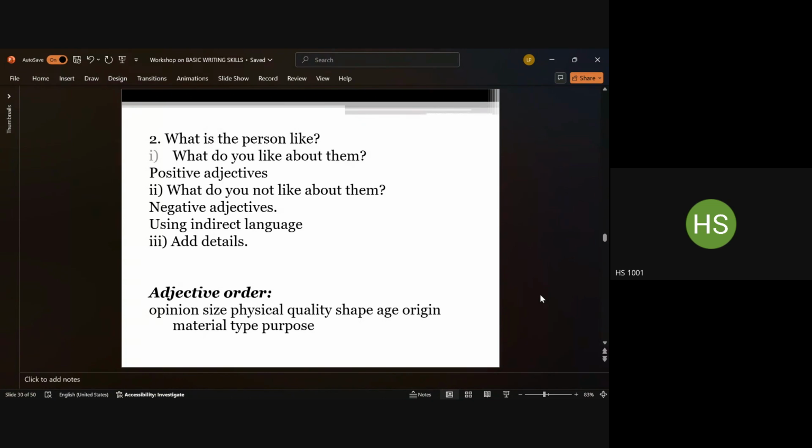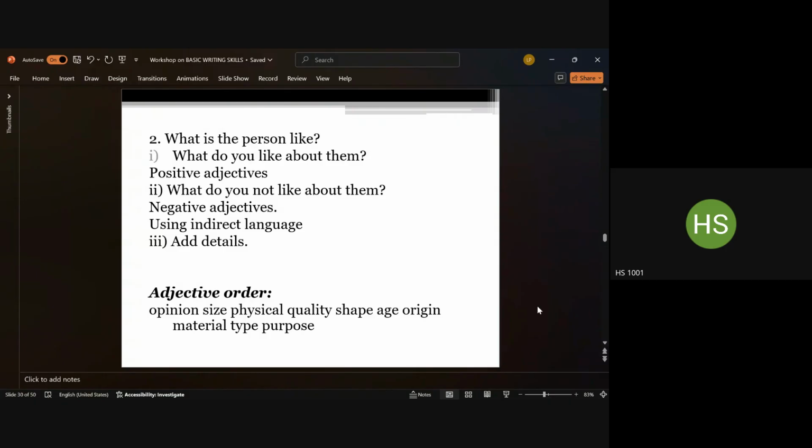So first in the adjective order comes the opinion adjectives, followed by the words that show size, then adjectives that show physical quality, followed by adjectives that show shape, then age, then origin, material, type, and purpose. So this is the order that you follow from first to last, okay, with the first one being opinion and the last one being purpose, right?